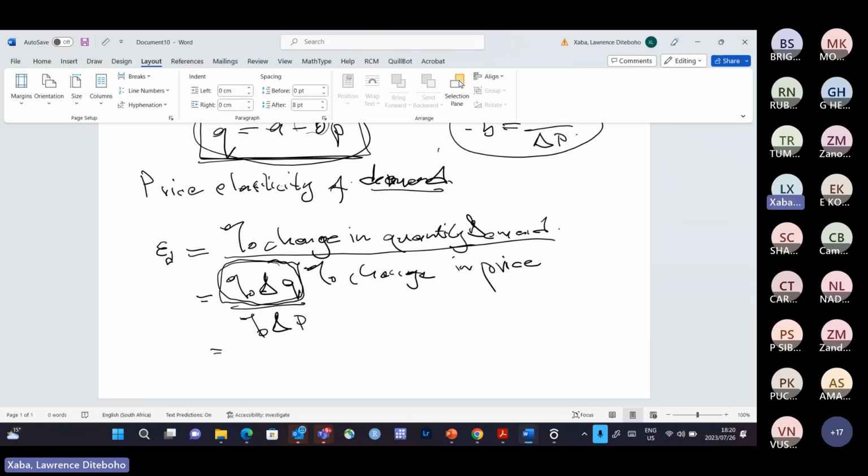What is the change in Q? For us to know it, we say change in Q divided by Q times 100. Where do we get this?